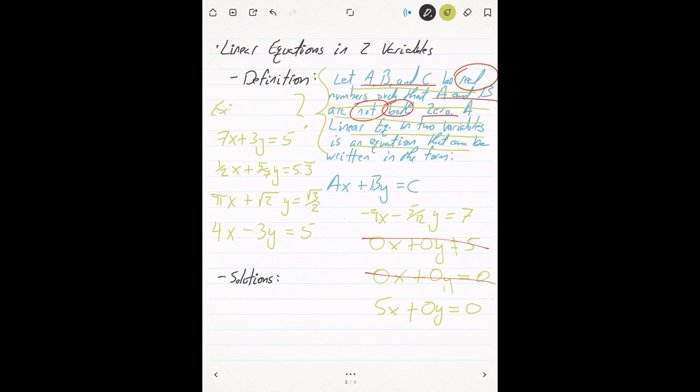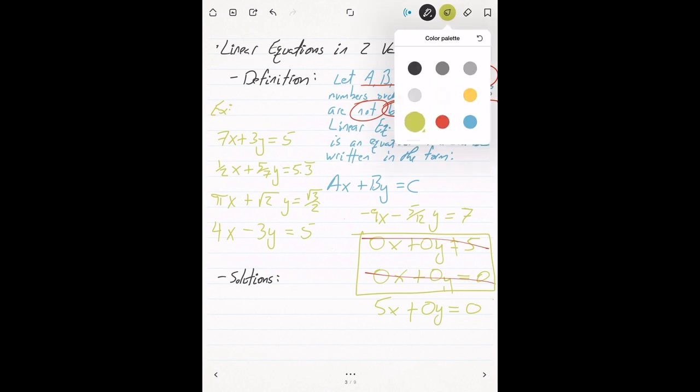Does it specify anything about C? No, it doesn't. So this example right here is, again, another linear equation. It's allowed because the only requirement for us is that you can't have both A and B be 0. Everything else, don't really care about, okay? As long as it meets that requirement, we're good.